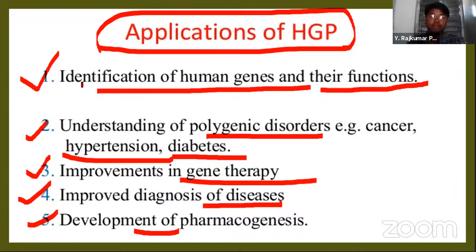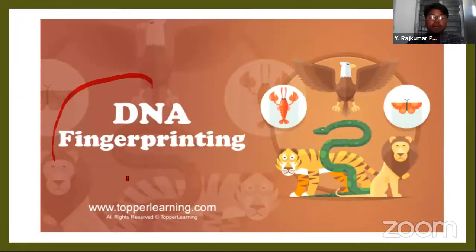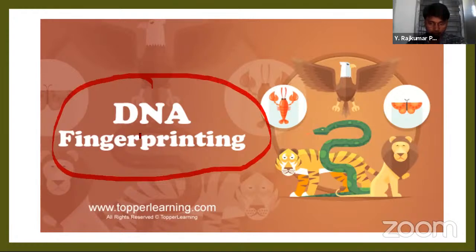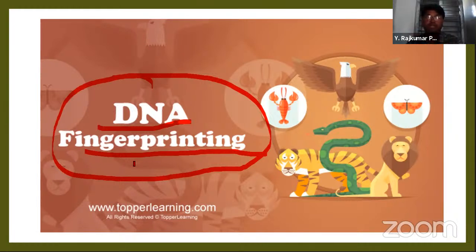Hope you have understood. And now let's learn about another concept called DNA fingerprinting. What is meant by fingerprinting? Why do we use it? Usually we talk about the fingerprints present on our thumbs or fingers, isn't it? The fingerprints on the hands are usually unique.